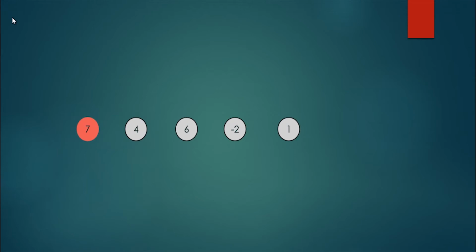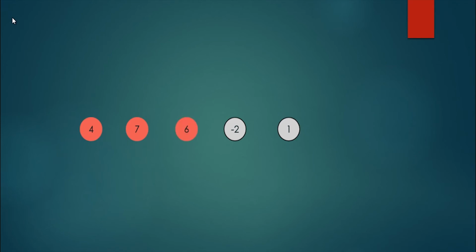Because this is the first, there are no previous elements, so we hop to the next one, which is 4. 4 has previous neighbors, so we compare 4 with its previous nodes, in this case 7, and we come to the conclusion that 7 is greater than 4, so we swap the two of them.